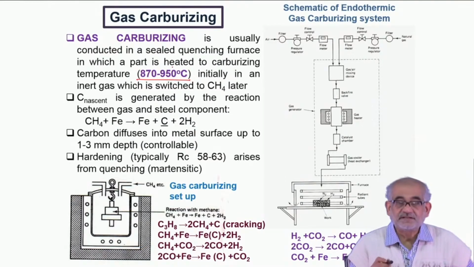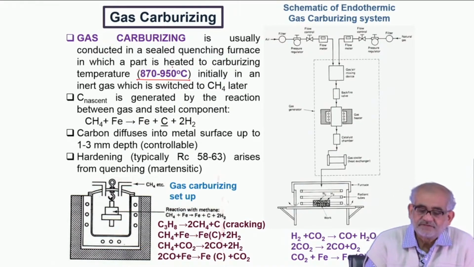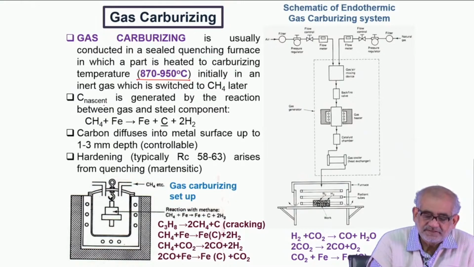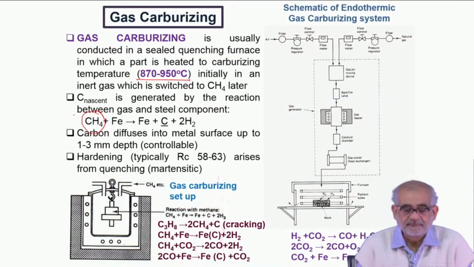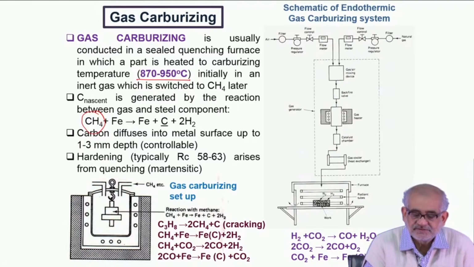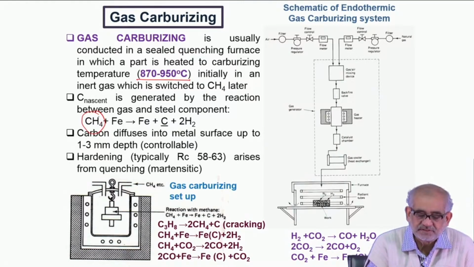The main point of distinction, apart from the state of the medium, which is gaseous in this case, is that we are essentially dealing with a single carbon containing gaseous compound, methane. So it's methane which, in this gas carburizing chamber, dissociates in contact with hot metal, though it's a saturated hydrocarbon.